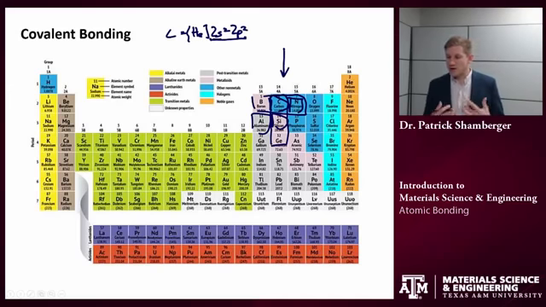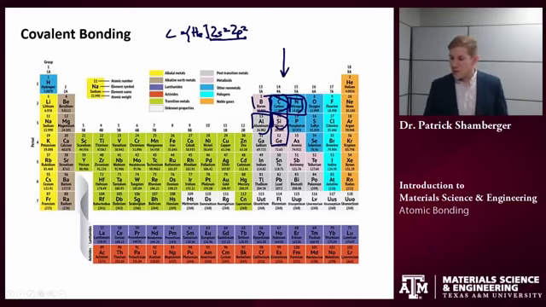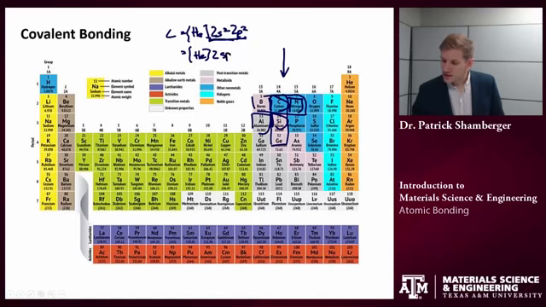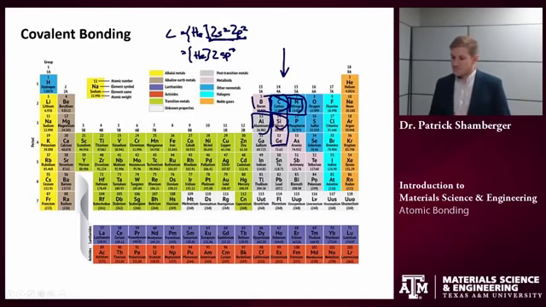So if I think about diamond, which is a pure carbon substance, the s and p orbitals all combine, and I would have carbon equals 2sp3. So all of those electrons are found in these hybrid sp3 orbitals.